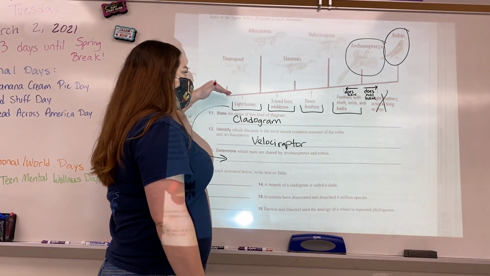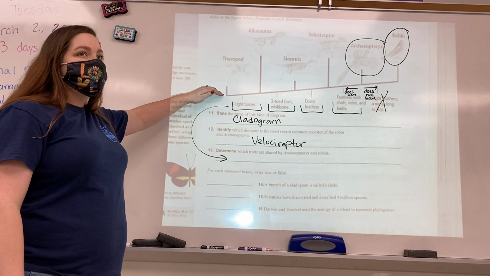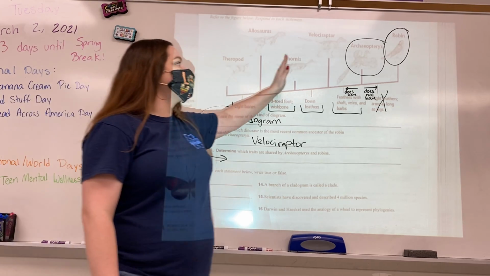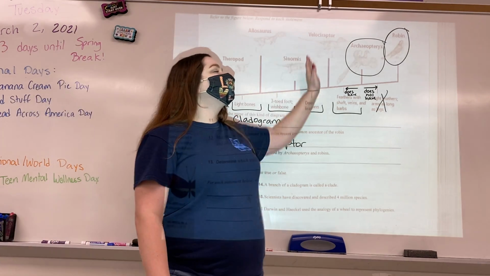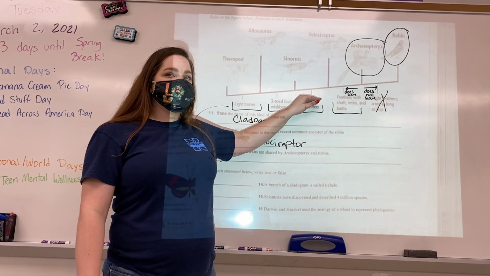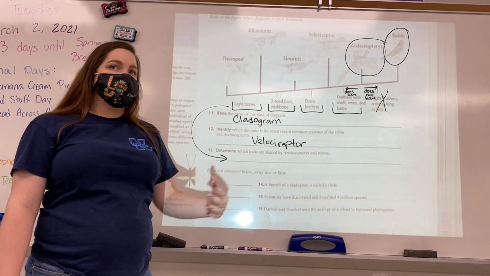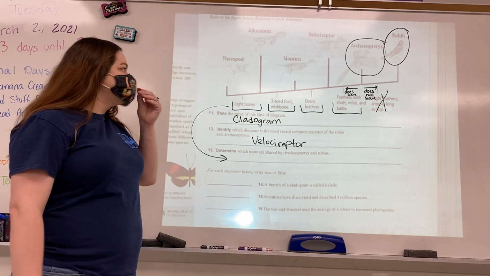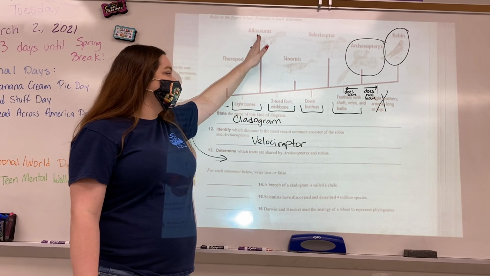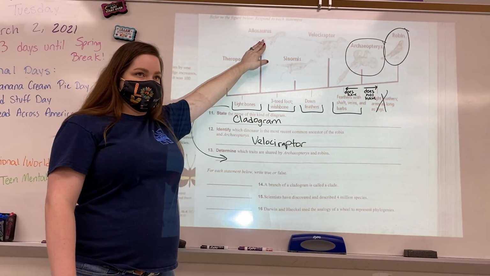So when you're reading this, you're reading from left to right. This is the earliest ancestor. This ancestor may not have all of the characteristics because through evolution, you have branchings of different species that have either retained some of the characteristics or because of evolution, they weren't able to get those characteristics. So every time you have a branching off, whatever characteristic is to the right of that branch, that species does not have that characteristic.